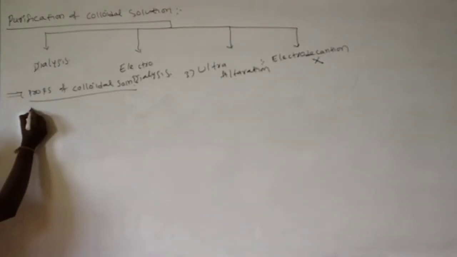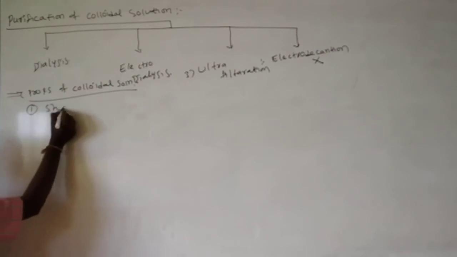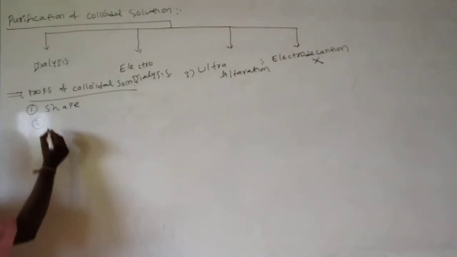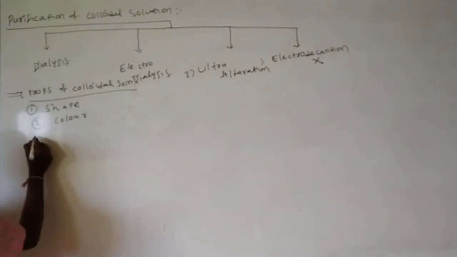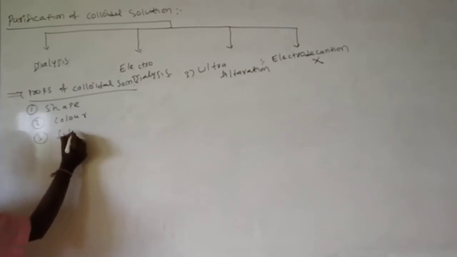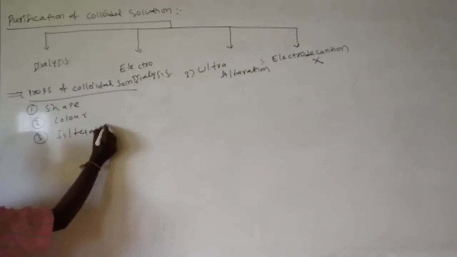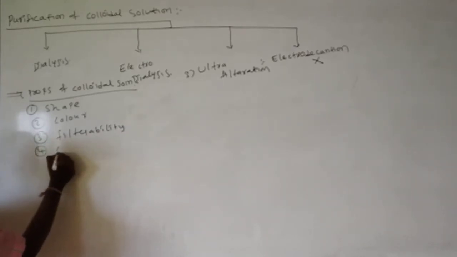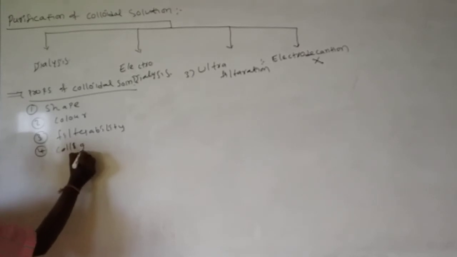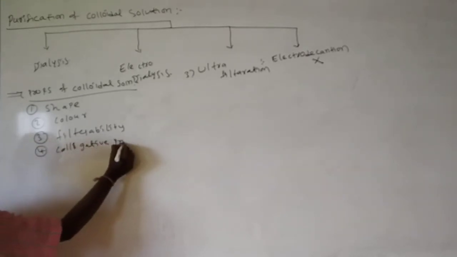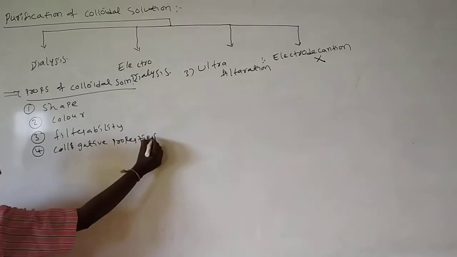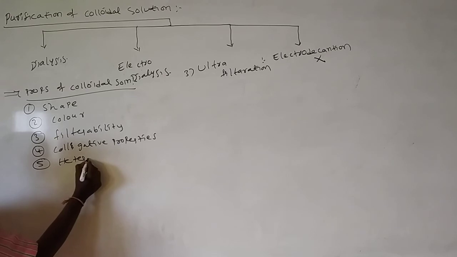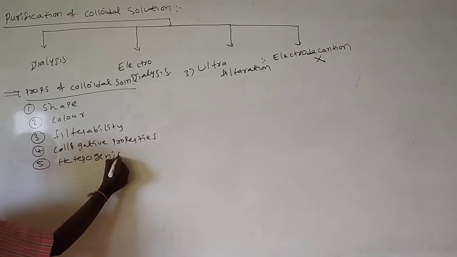Colloidal solutions have important properties. Shape, color, filterability, which we already saw. They show colligative properties, and these are heterogeneous in nature, that we call heterogeneity.